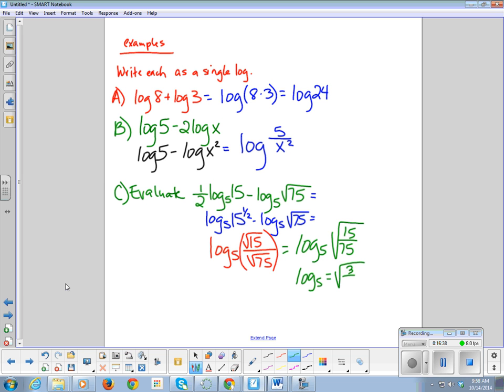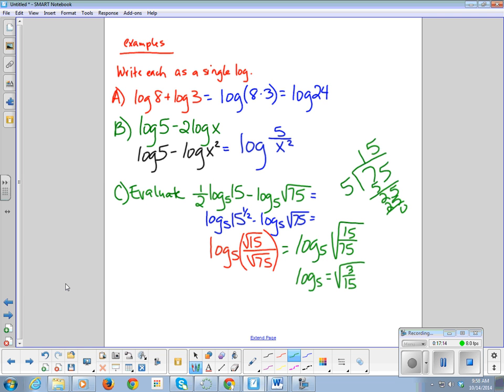Can we comfortably say 15 divided by 5 is 3, and 75 divided by 5 is 15? Just make sure so you are confident in your answers.